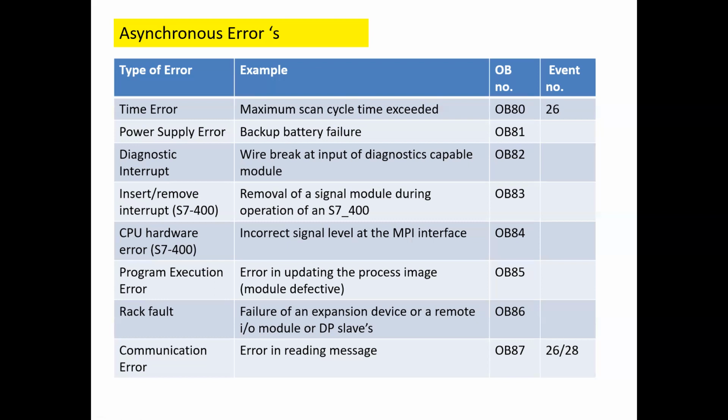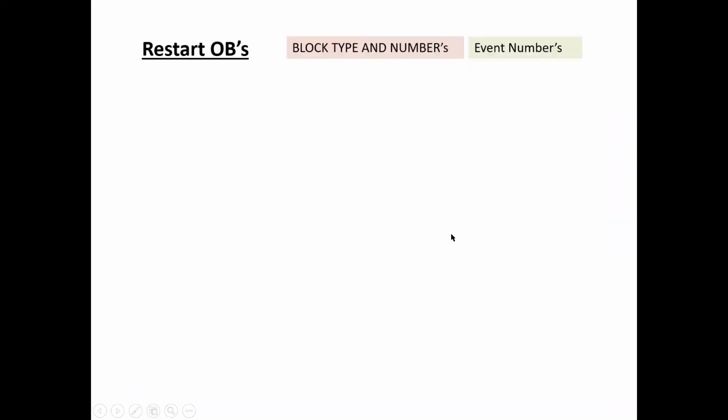For that we have to download both the blocks. For S7-1200 also we have special blocks, OB number 83 and 84. If you are removing any input or output module for replacing, in between the program also, it should not go to stop. For that we have to download these blocks. Like this we have these different blocks.